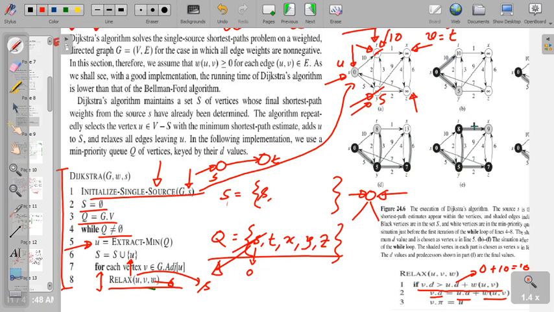Next we will be going... We have to update this queue. Okay. So here I have got this T as 10, isn't it? And X as, no, X is still infinity.